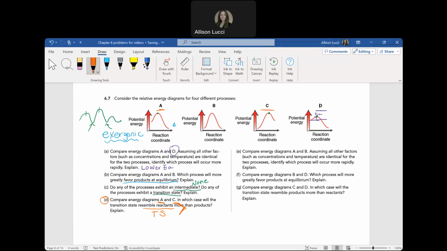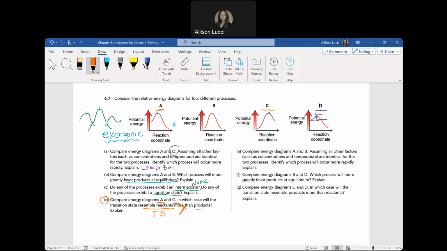So if you recall, due to the Hammond postulate, whichever the reactant or product is closer in energy to the transition state, it would resemble either, again, the reactants or products, respectively.